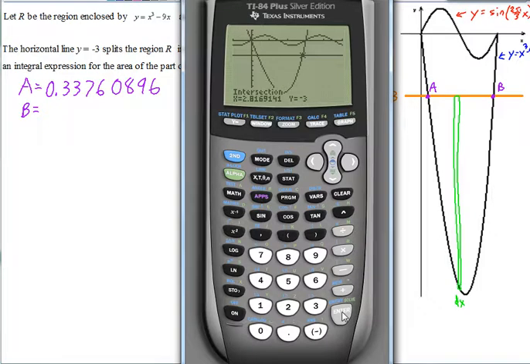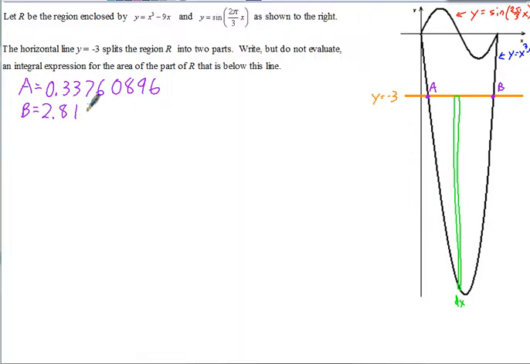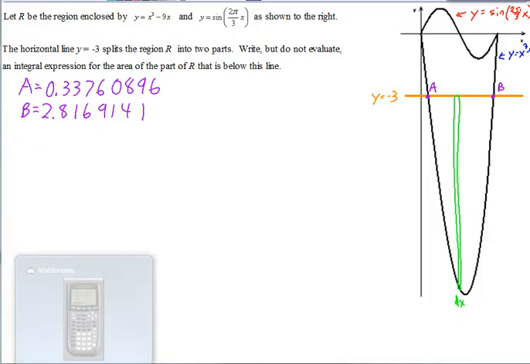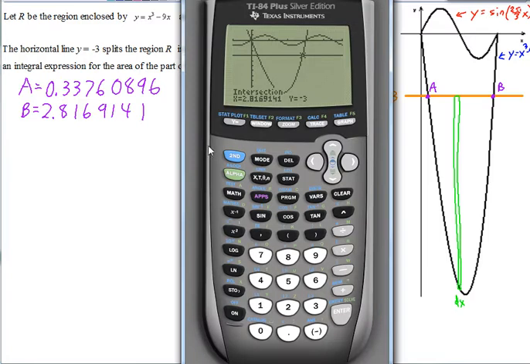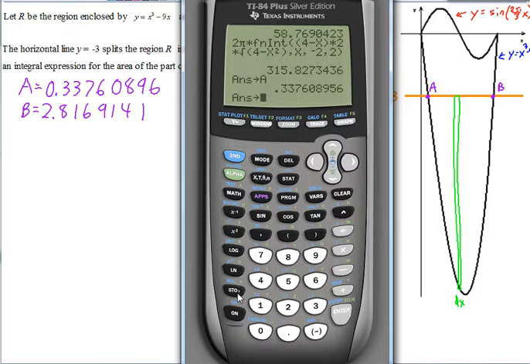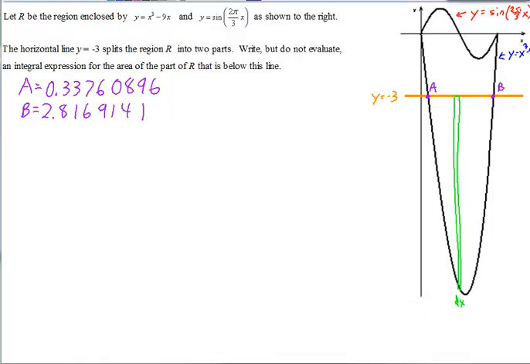So it's 2.8169141. That's B. And let's store that in our calculator as well. In this case, actually, we didn't have to store them because we're just writing but not evaluating. But normally you would if you had to work it out.